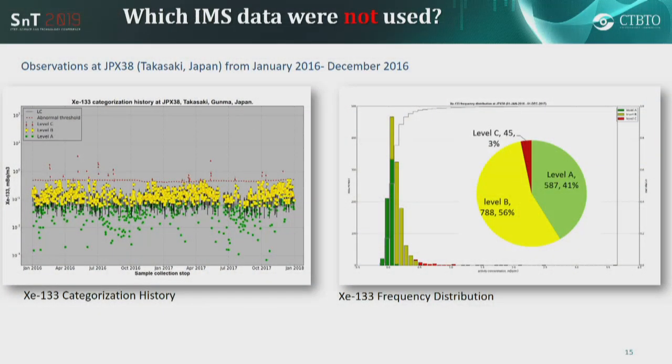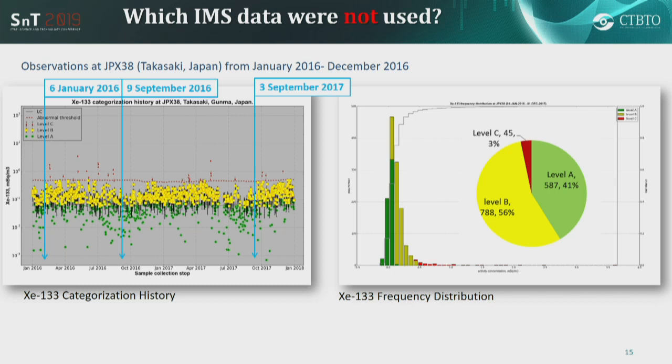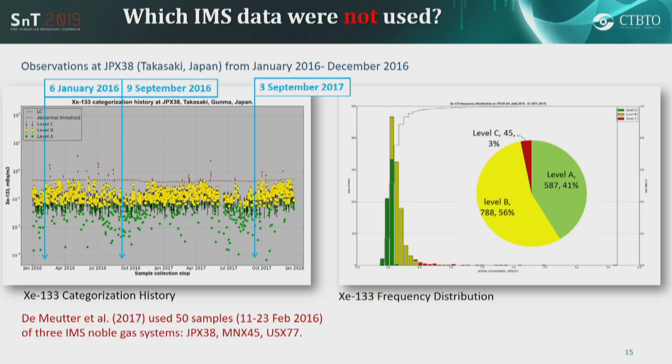Now I show you the time series of Takasaki Station, Japan, JPX38, over 2 years, 2016 and 2017. This period includes 3 of the announced DPRK tests, now marked here in the timeline, and I also mark here the 50 samples that the Demeter study used shortly after the 6th January 2016 test.